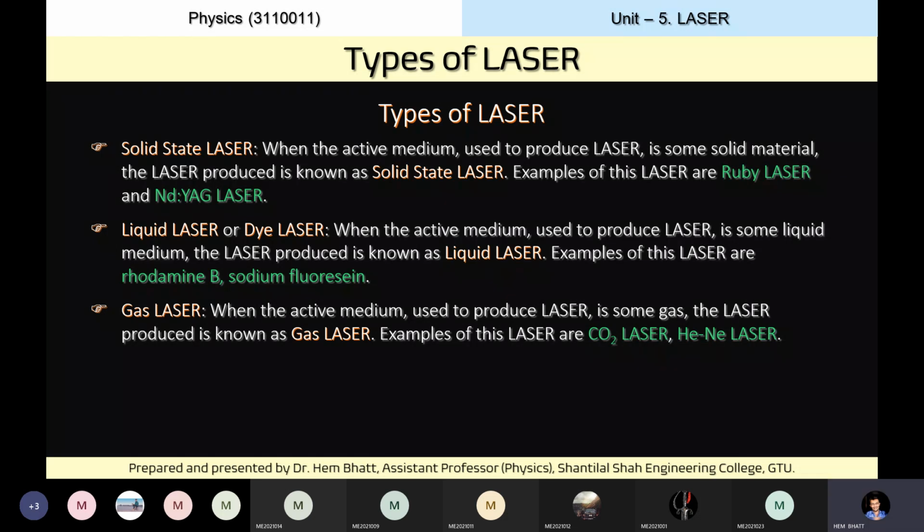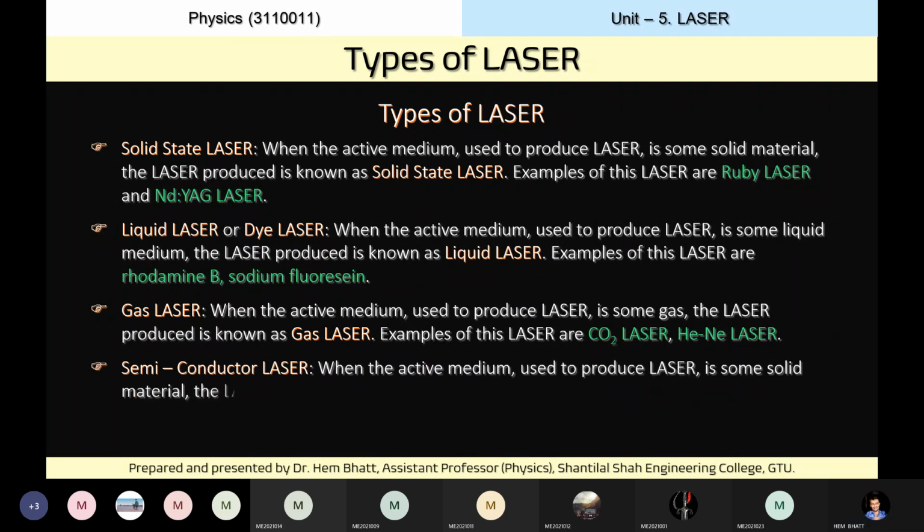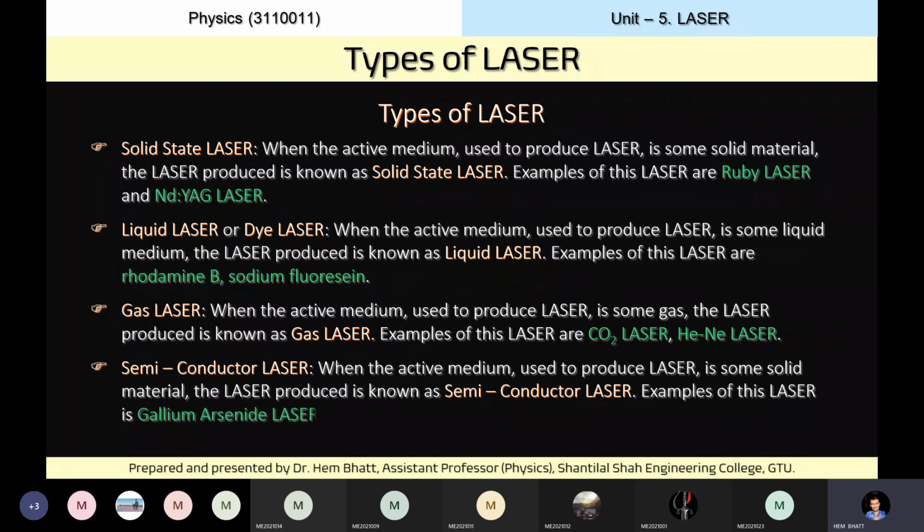Semiconductor. પહેલા 3 યાદ રહી જશે, ચોથું યાદ નહીં રહે. કયું હતું ફોર્થ? સેમિકન્ડક્ટર લેસર. ઓકે, આ યાદ નહીં રહે એટલે એવું ન રાખતા કે આ તો ઇઝી છે યાદ રહી જશે. 1 માર્ક વયો જાય.